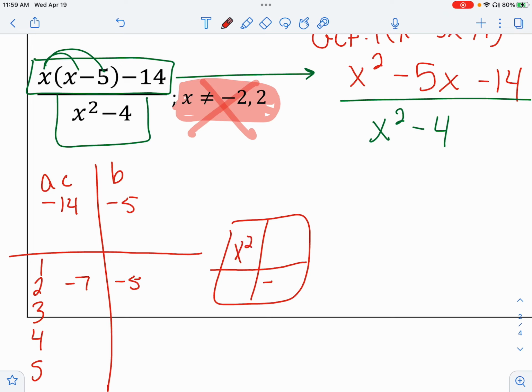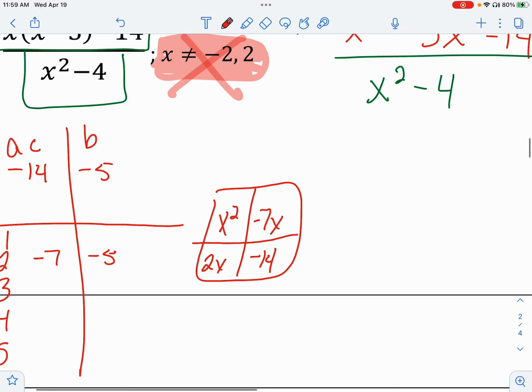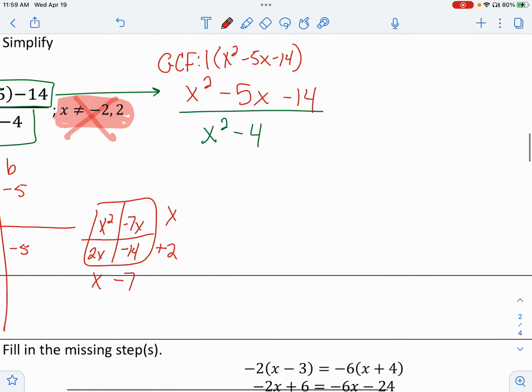X squared and negative 14 go in the caddy corner boxes, and 2x and negative 7x go there. My magic numbers. GCF is x minus 7 and x plus 2. And remember, everything in red is for the numerator. So x minus 7 and x plus 2.